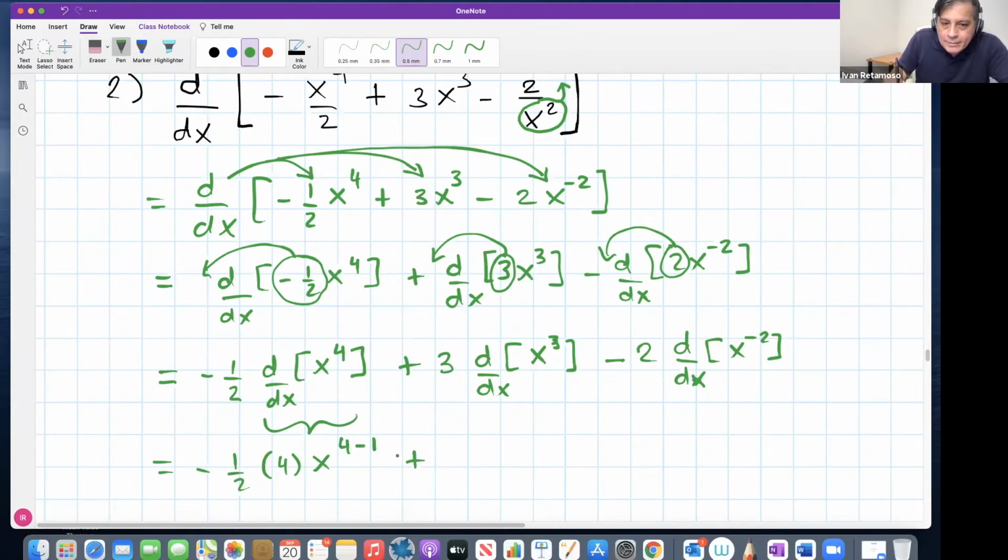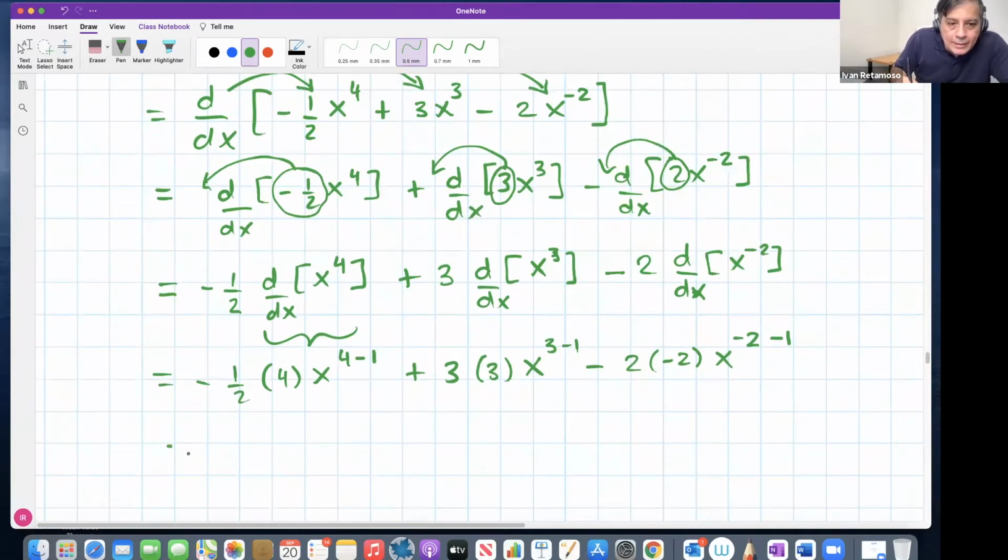We will do it directly next time. 3 times, applying the power rule again, this 3 comes up front, and what is left is x raised to 3 minus 1, minus, here the same, right? Minus 2. Be careful with the sign here, guys. The exponent comes down as it is, minus 2. And what stays here is minus 2 minus 1, right? Great. Yeah, so far so good.